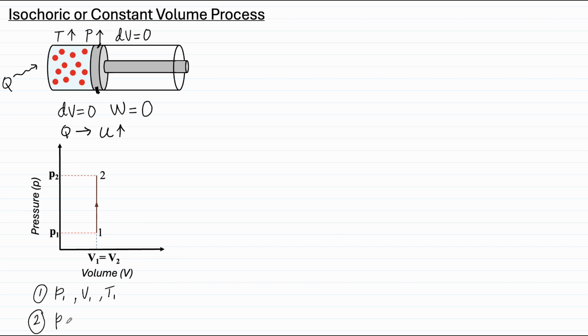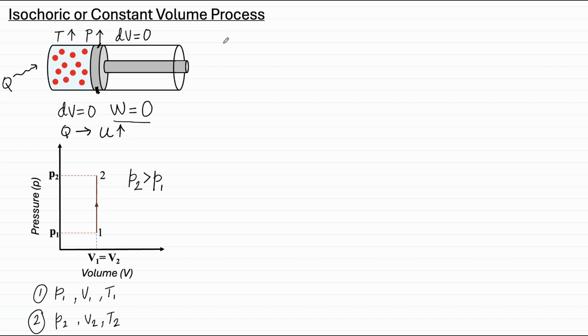And similarly, P2 represents pressure at state 2, V2 represents volume at state 2, and T2 represents the temperature at state 2. As we can see here, the pressure increases, that is P2 is greater than P1. And since there is no area that can be drawn under the graph, since volume has only one straight line, there is no work done.